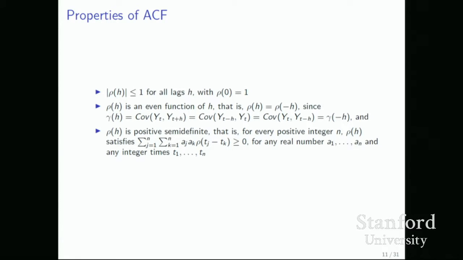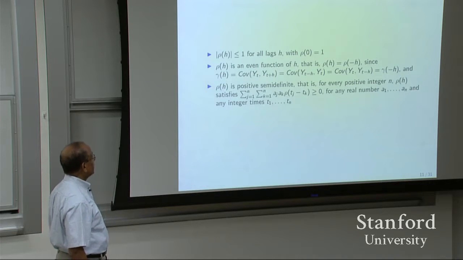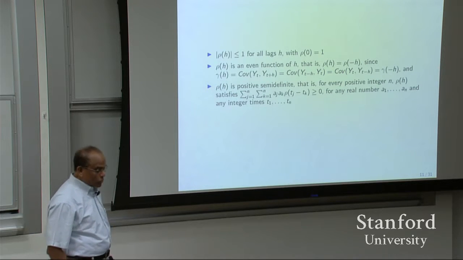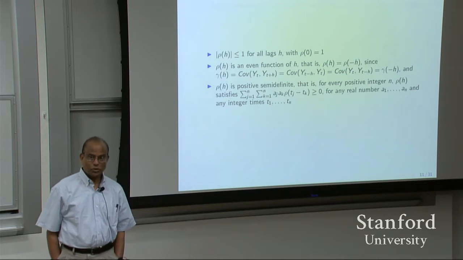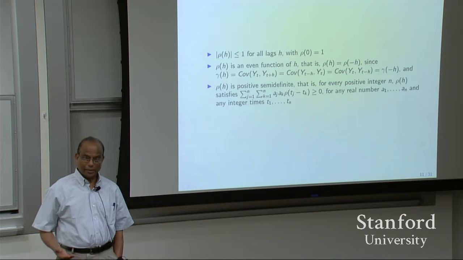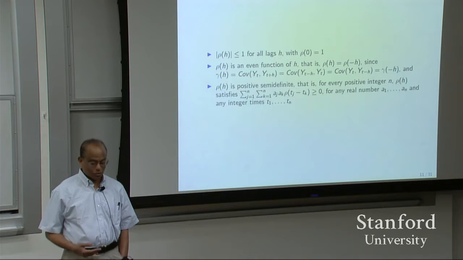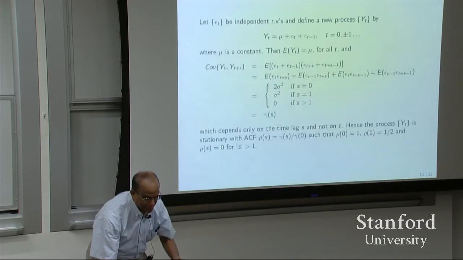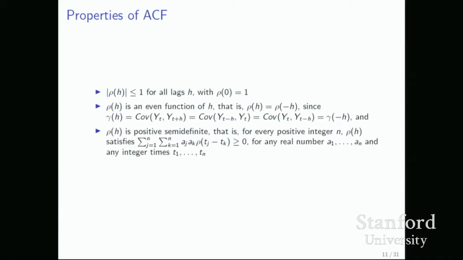And you can also show that if you construct the correlation matrix out of it, it's going to be a positive definite matrix. So I'm going to take a simple example and show you how to check whether it is stationary or not, just to give you a practical idea here. Any question here?